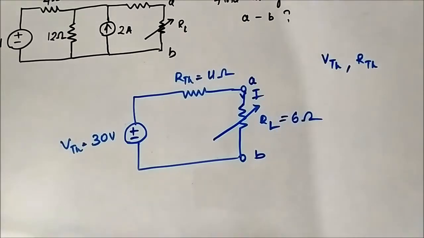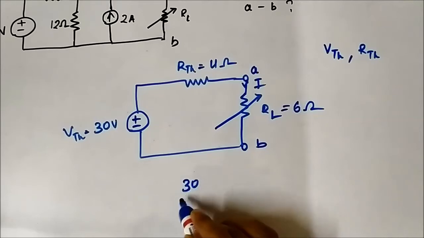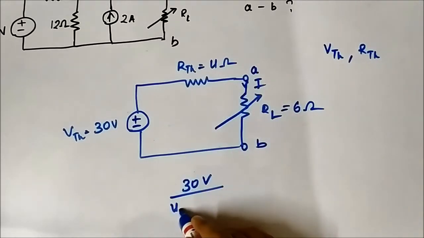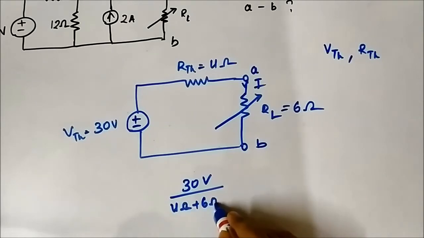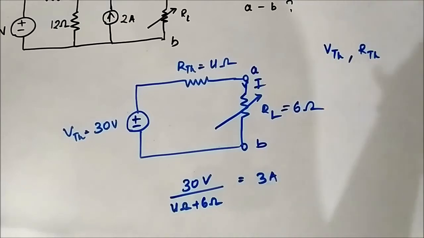In that case, the current flowing through it will be the Thevenin voltage, 30 volt, divided by 4 ohm plus 6 ohm, which is 10 ohm, which is 3 ampere.